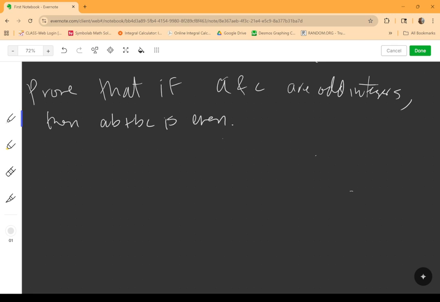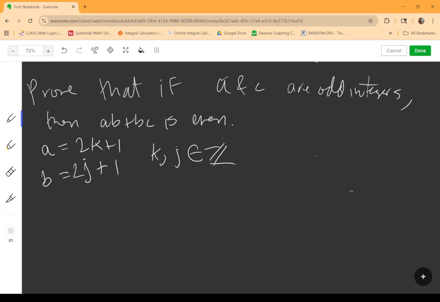So again, let's start by listing our assumptions. A is 2k plus 1. C is 2j plus 1. I want to distinguish between A and C, since they are not necessarily the same integer. I suppose it could be, but it's not guaranteed. Where K and J are in Z. So these are our assumptions.